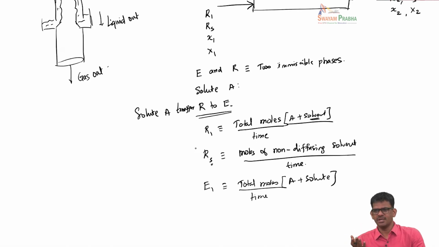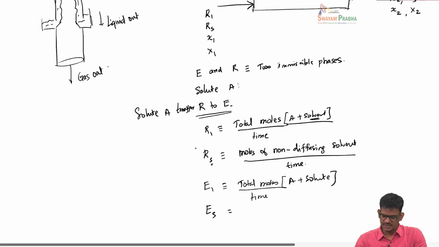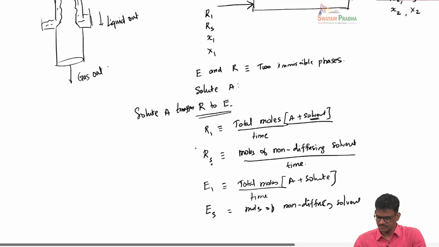So the E phase can be an aqueous solution of CO2 and water. Water is ES, the moles of non-diffusing solvent per unit time. This is a molar quantity.